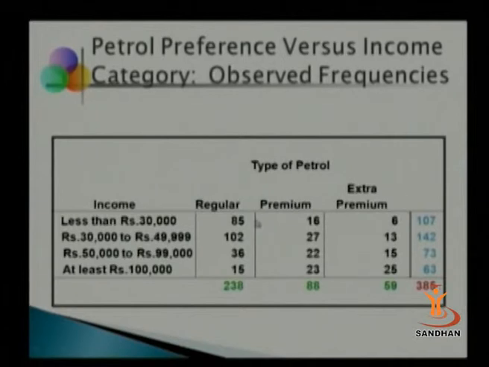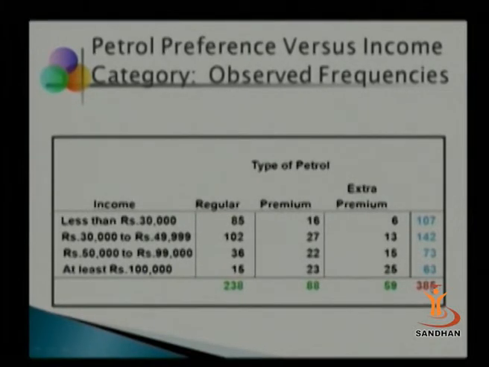The types of petrol are regular, premium, and extra premium. We want to test whether there is an association between the type of petrol and income category, that is, whether the preference depends on income or not.